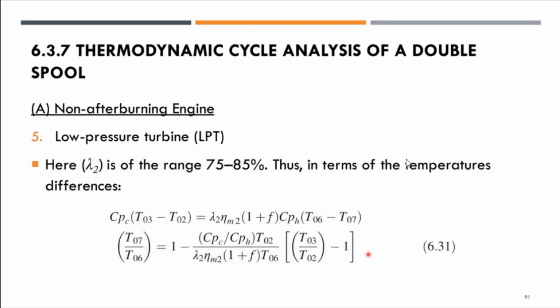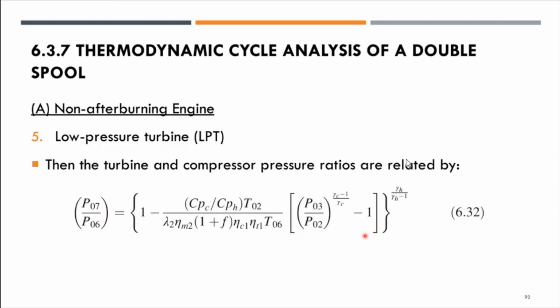The range for lambda 2 for the low pressure turbine is around 75 to 85%, which is higher than the high pressure turbine. Thus, in terms of temperature differences, T07 to T06, you can get this expression, 6.31.